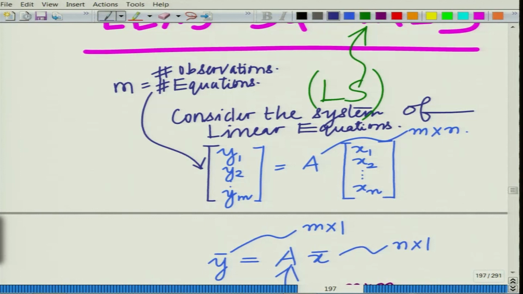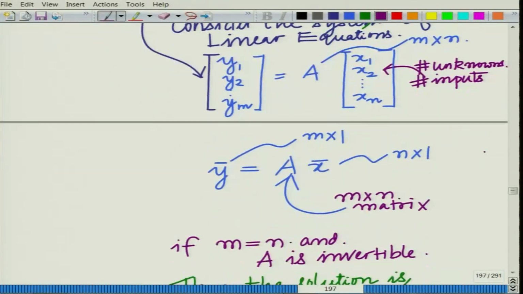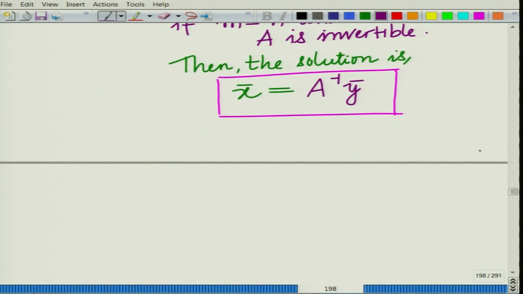These are the number of outputs or observations. And what is x? These are the number of unknowns, or the number of transmit symbols, or the number of inputs in the practical MIMO, multiple input multiple output, wireless communication system that we have seen before. x1, x2, up to xn are the transmit symbols.